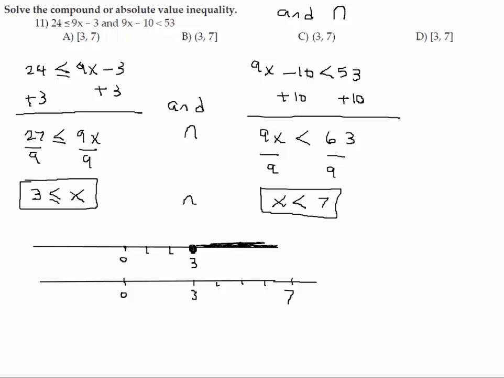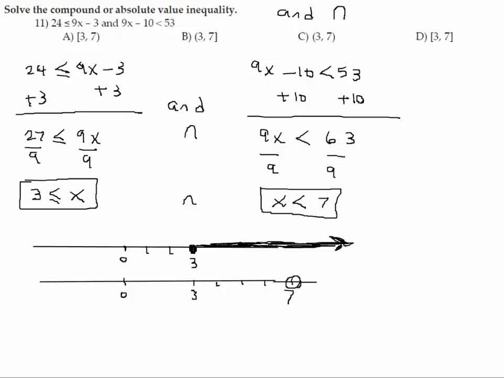So this would be the range, going on forever. x less than or equal to 7 would be all the numbers to the right of 7 or left of 7? Left, left.